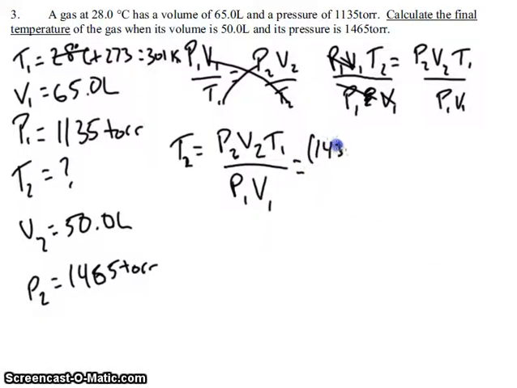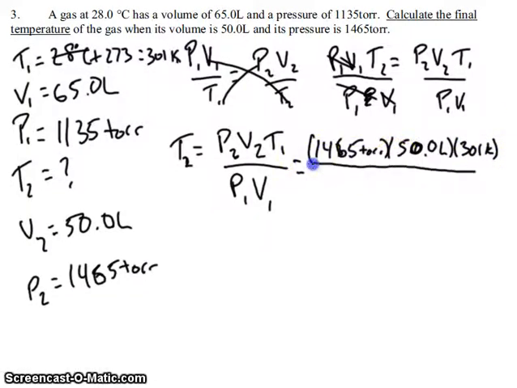We've got 1465 torr times my V2, which is 50.0 liters, times my T1, which was 301 Kelvin.